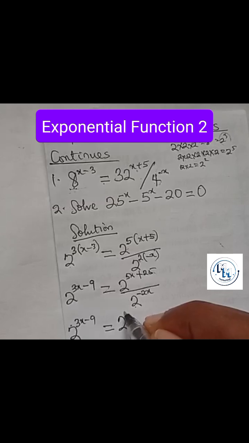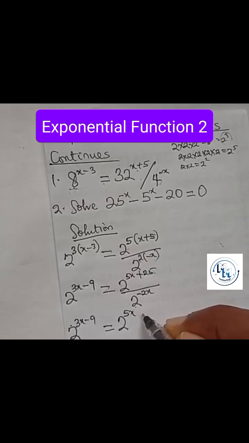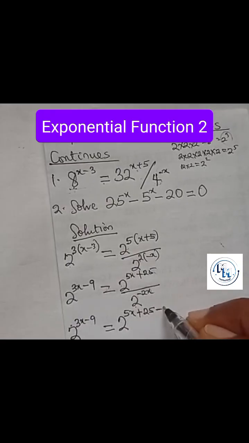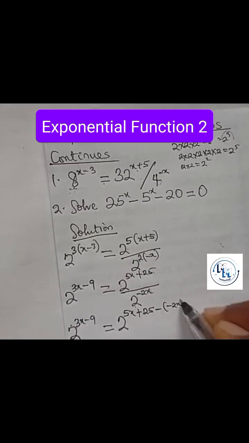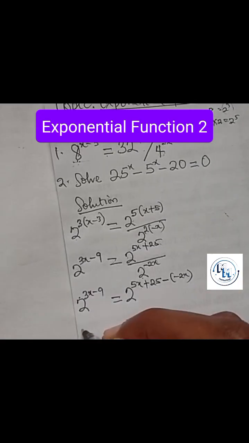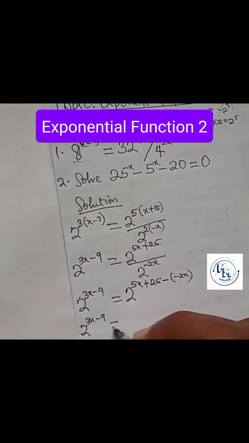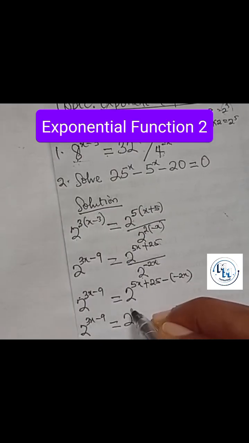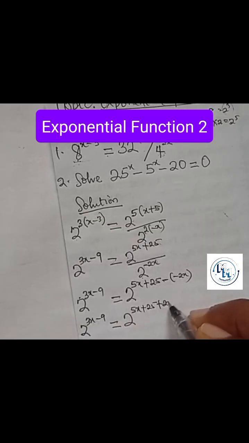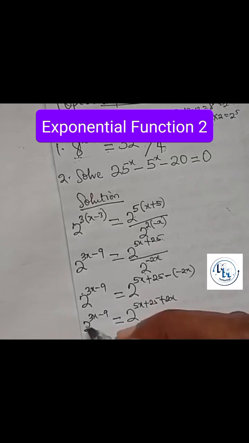Then I'll have power 5x plus 25, then minus this, minus 2x. So I'm going to have 2 power 3x minus 9 is equal to 2 power 5x plus 25 minus times minus is plus. Is that okay?